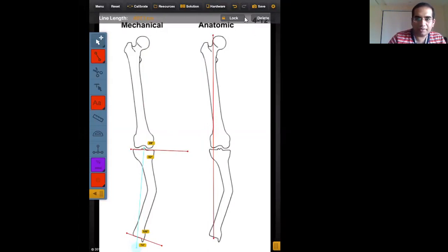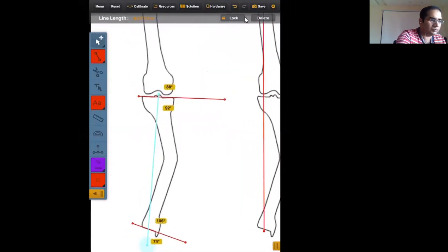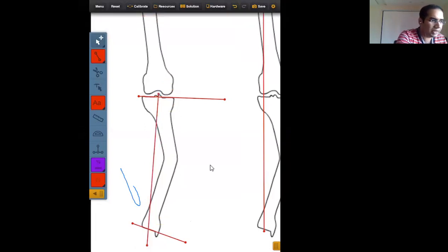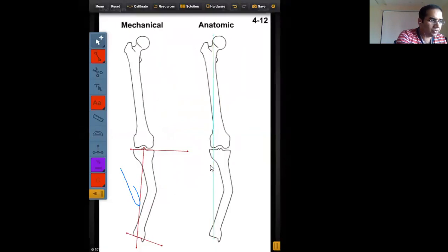Sitar, do you have a question? It will be more clear if you zoom it, tibia only. Okay. Thank you. So now the lateral distal tibial angle is markedly decreased, while the medial tibial angle is slightly increased. So what you will do next is draw your reference lines.